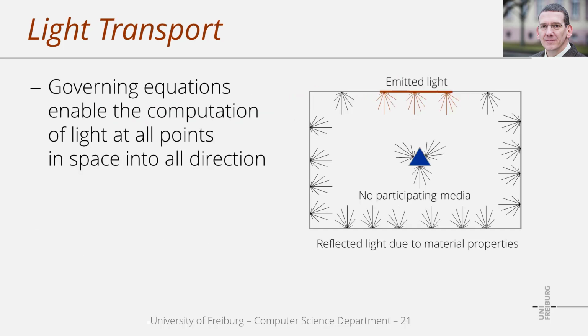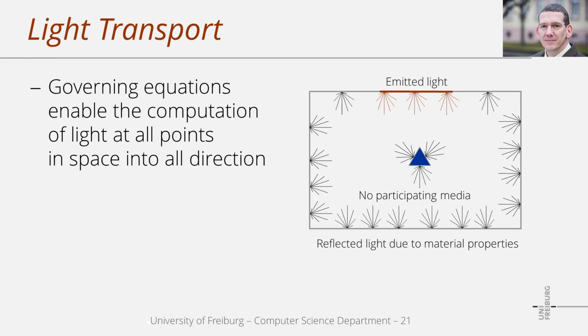The governing equations are very powerful. They can be used to compute the entire light transport in a scene at each position into all directions. This is illustrated here in a simple 2D setting. We have a box with one blue object inside the box and some light source shown in red.